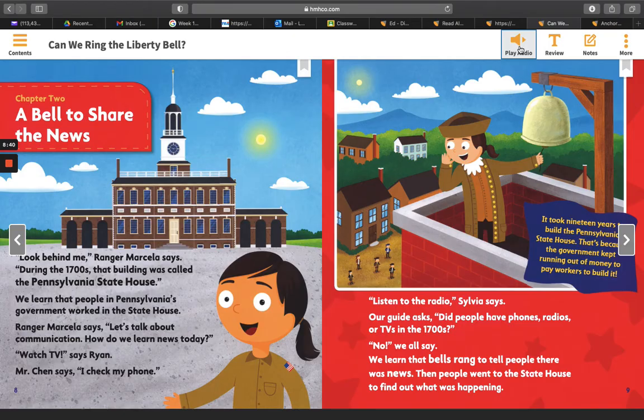So we get our news today by watching TV, by having notifications on our phone or different news apps, maybe through the radio. So there's lots of ways that we get our news today that's very different than how they got their news a long time ago.